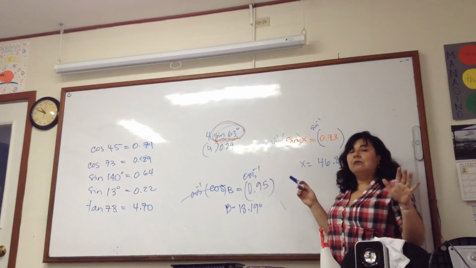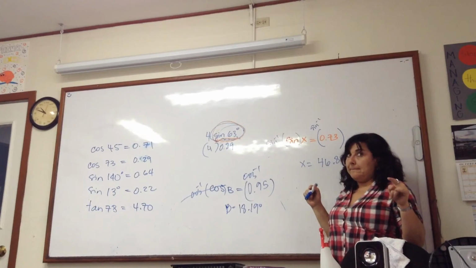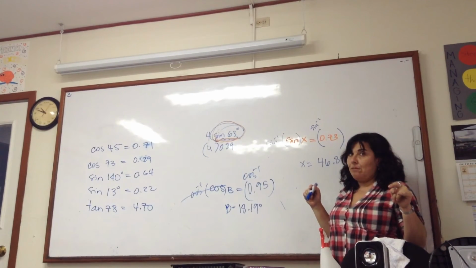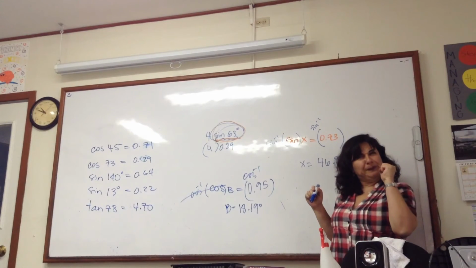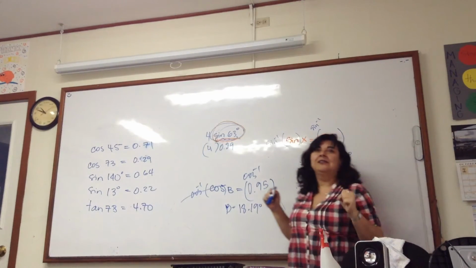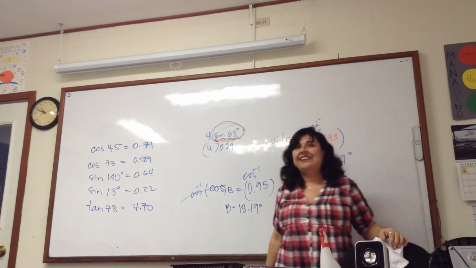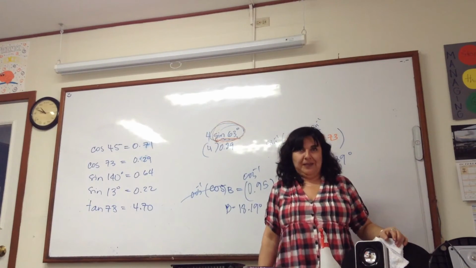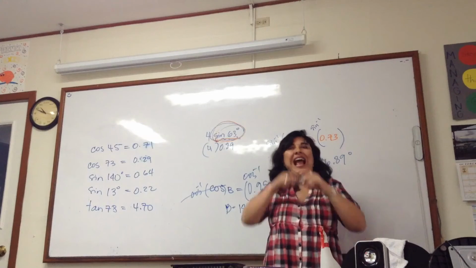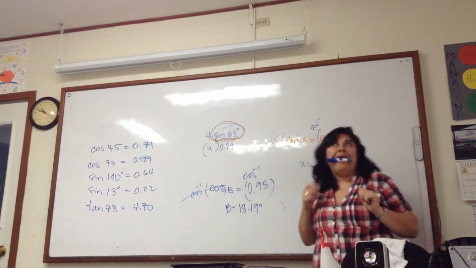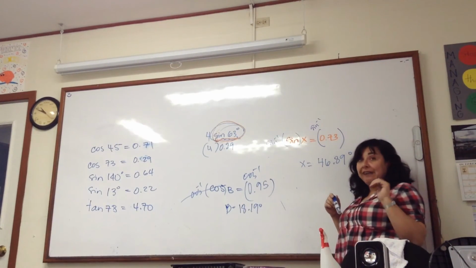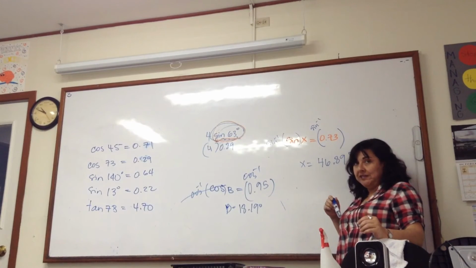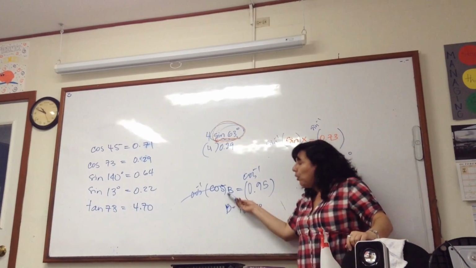Would it be the same if you divide, like for example, cosine over cosine 0.95? No. The reason why you don't divide, and you can't, or even shouldn't, is because these two are not multiplying.